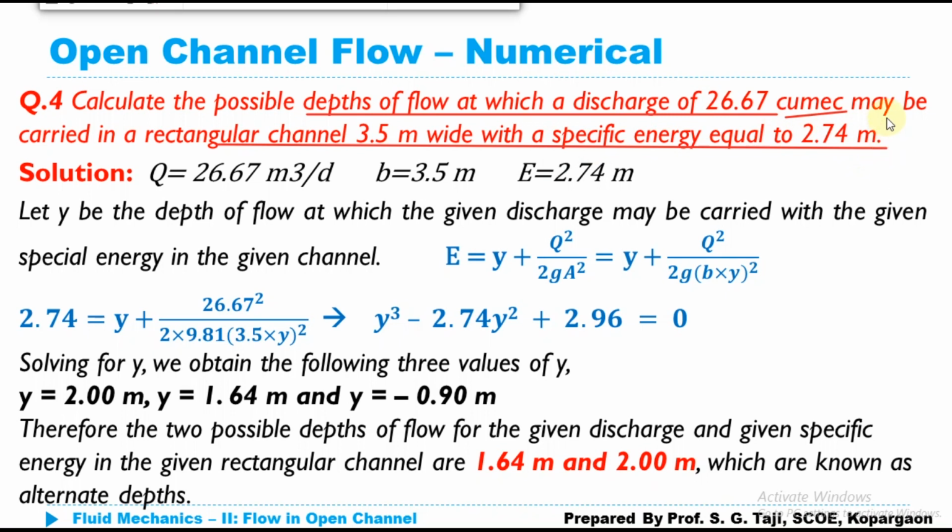So they are asked to compute two different depths, y1 and y2, which may occur in this particular channel where the rate of flow is given as 26.67 meter cube per second.